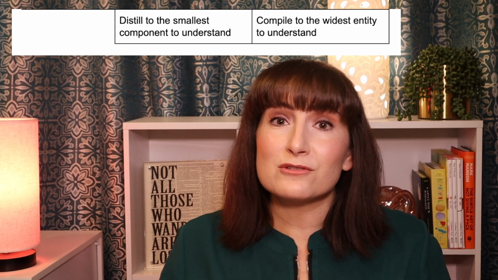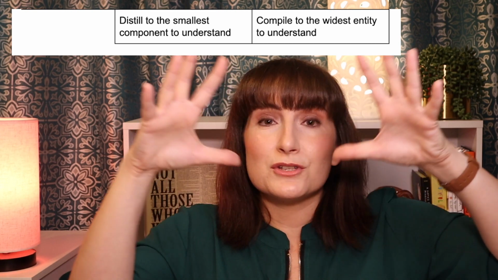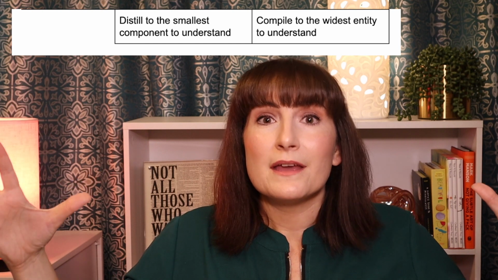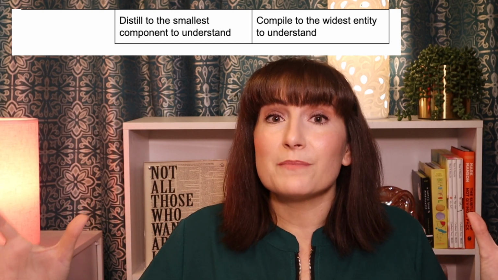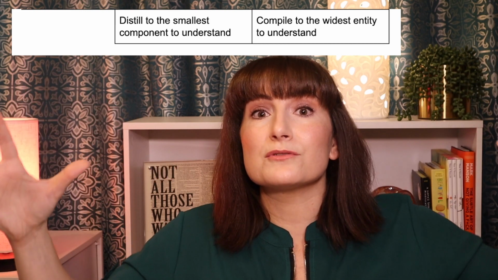Whereas with the extroverted function, the goal is to compile as much and get as big and wide of an entity as possible in order to understand from there. So they're going about it in just the opposite direction, but the goal again is still to understand whatever it is that they, and you, and I are trying to work at that particular time.